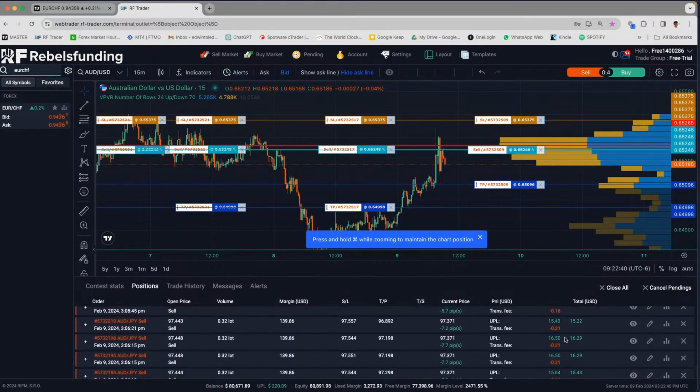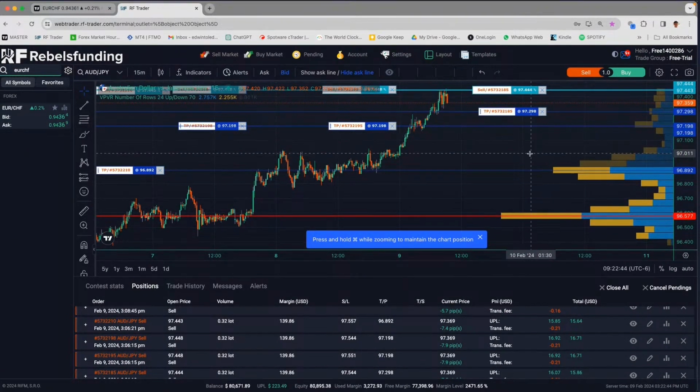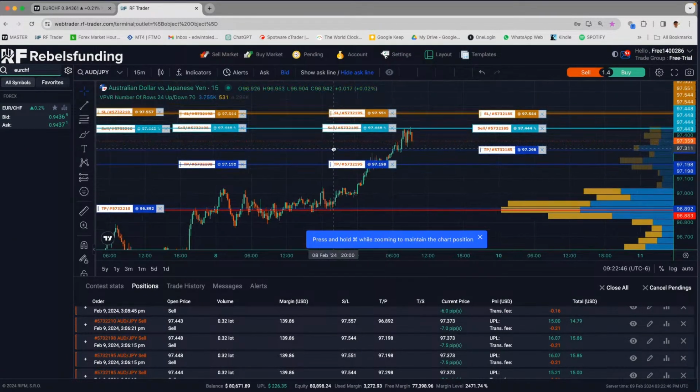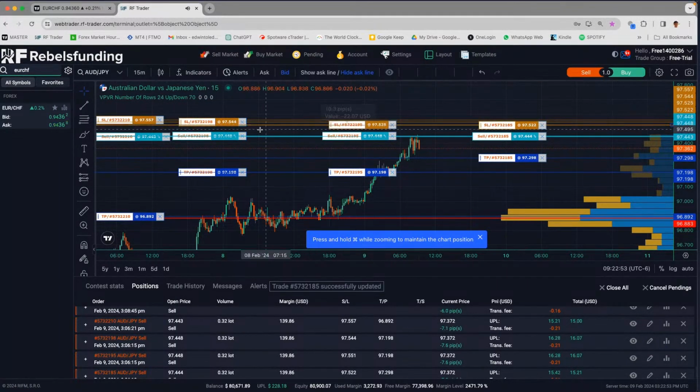So I think that is better than just take profits right away. For example, this one, right? It moved our way. It was already 10 pips. Let's go a little bit down, right?